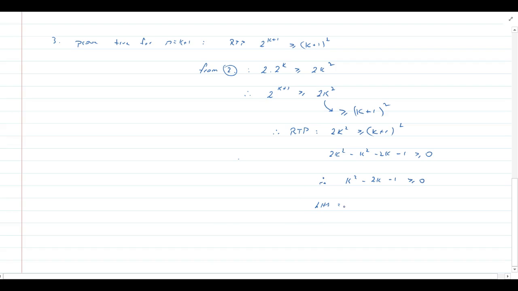Now this is the point at which I, in class, went and did another layer of induction, and that is perfectly fine, but this might be a bit clearer. I think at this point we can look at the left-hand side and complete the square on it. So the left-hand side is k minus 1 squared minus 2.